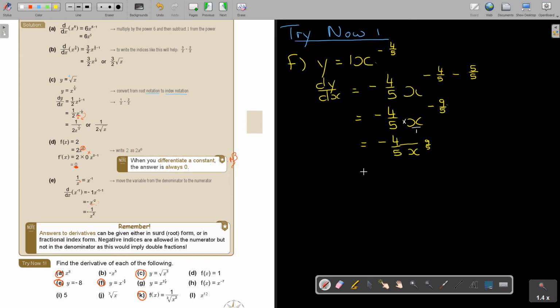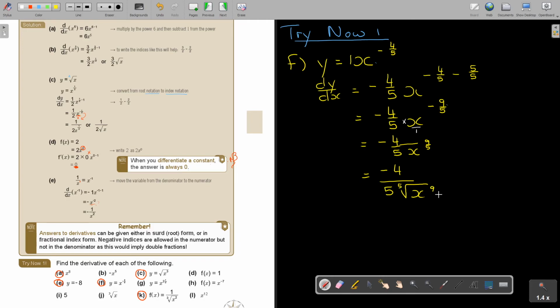Okay, and I can even go further and put it in a root. And then the one on top is inside, and this is the one at the bottom. And that will be my final answer.